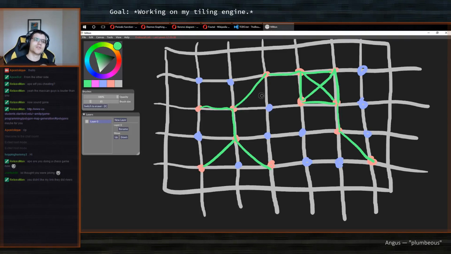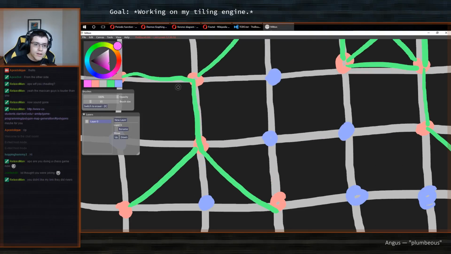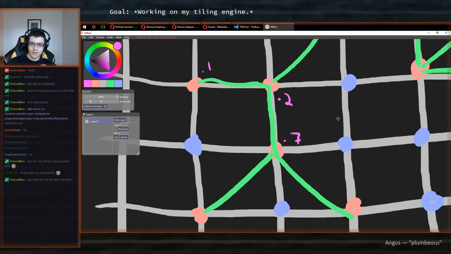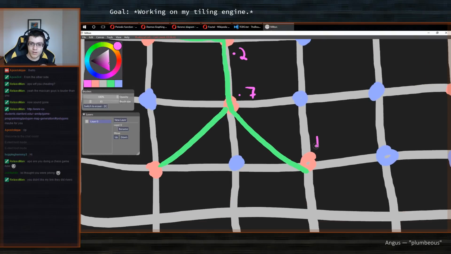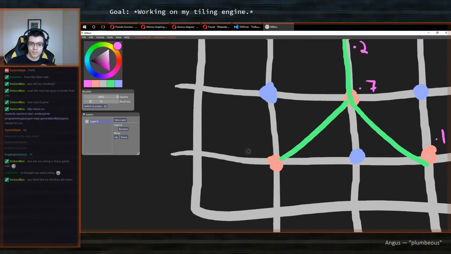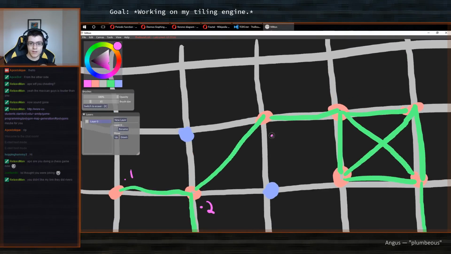The way I'm thinking of doing this is with strength. So maybe there's this sort of value. Maybe this is 0.1, and here this is 0.2, and you are 0.7.